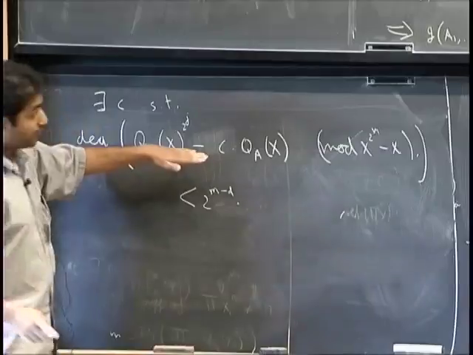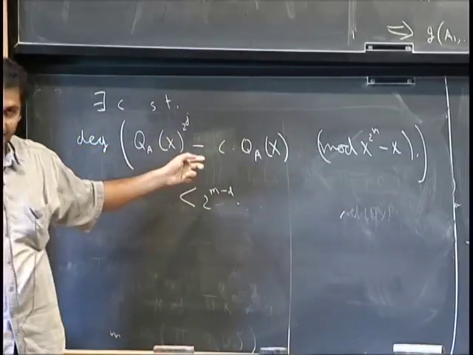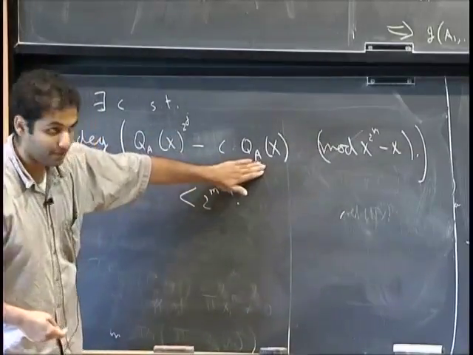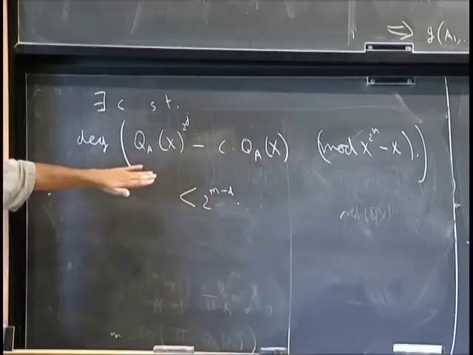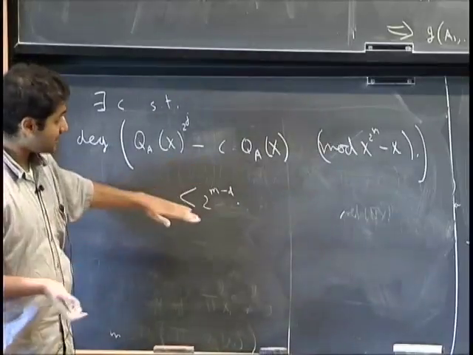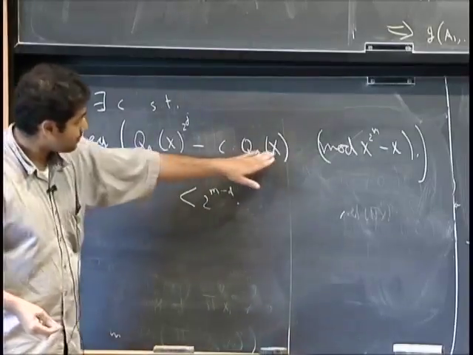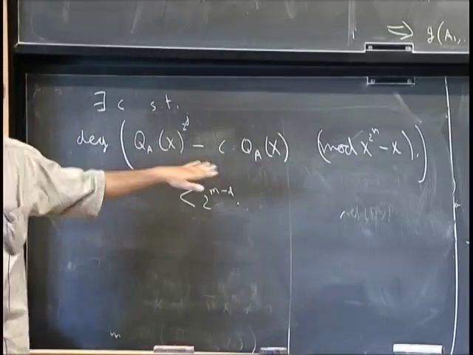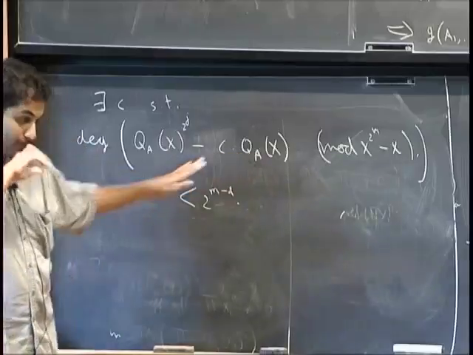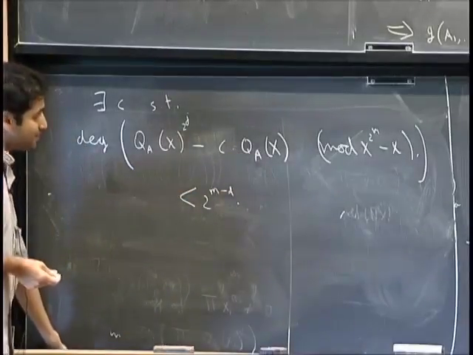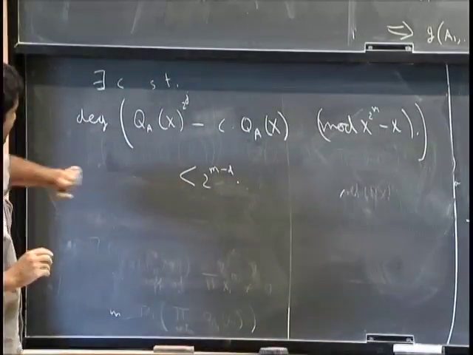But note that this polynomial also vanishes on the same set where qa vanished, because this polynomial vanishes and that polynomial vanishes. So this whole thing vanishes on the same set of size 2 to the m minus d. That forces this polynomial to be identically 0. Okay, so now we are almost done.